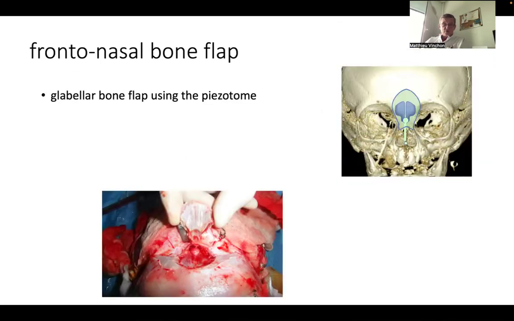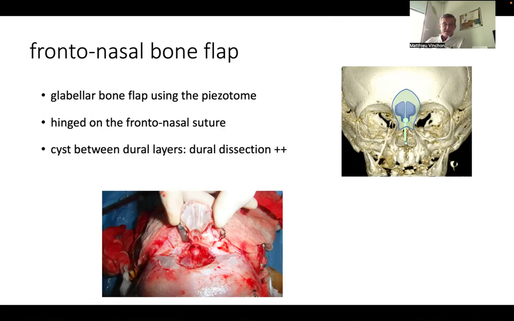We do a frontonasal bone flap, which is a very good application of the piezotome to do a very discrete incision on the bone. As I said, the bone flap is hinged on the frontonasal suture, so it replaces very easily.